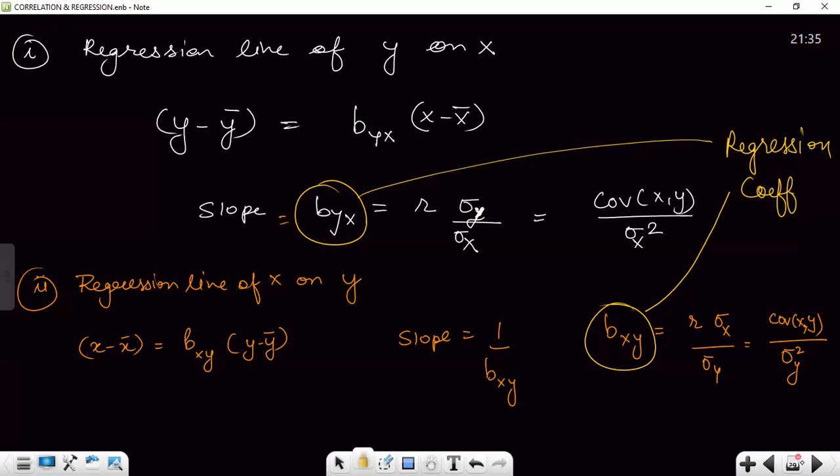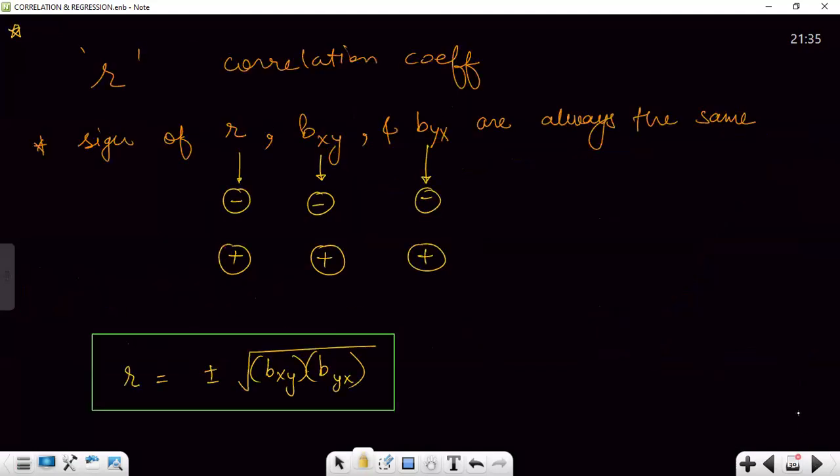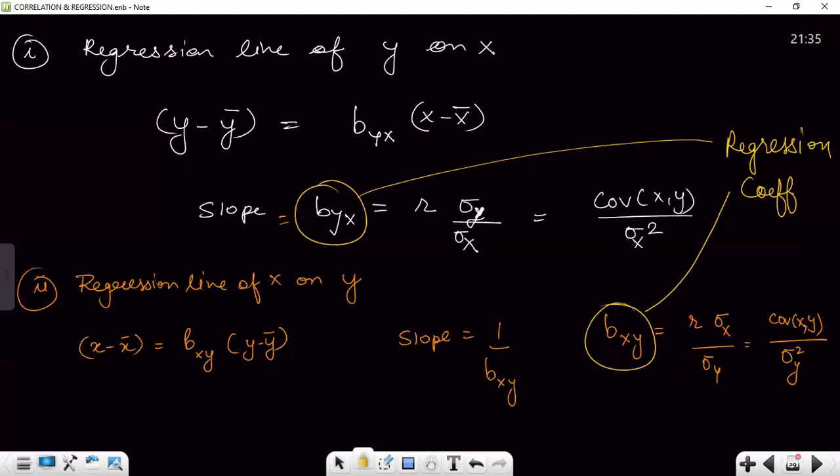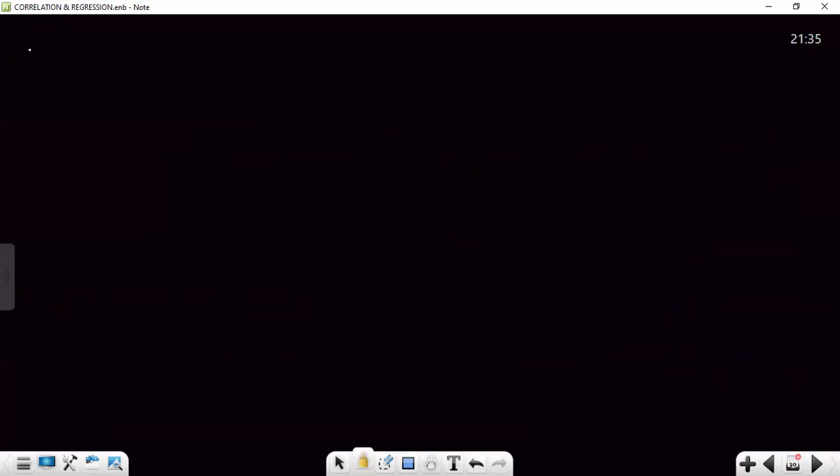Now, one important property about regression coefficients. These bxy or byx, these are two. Okay.